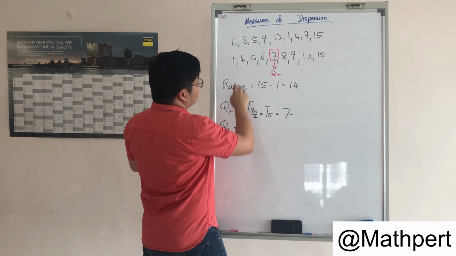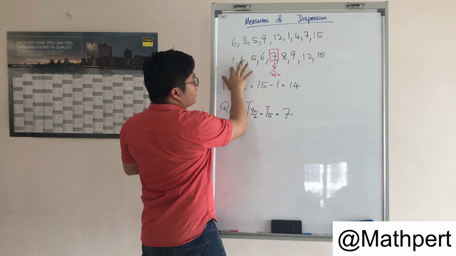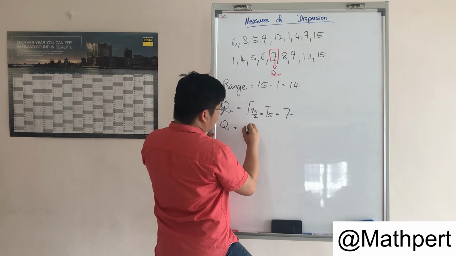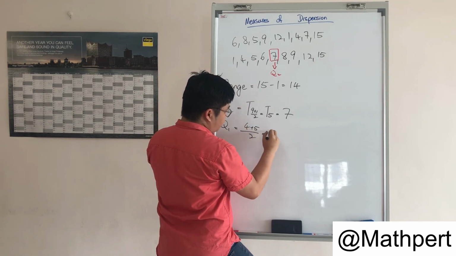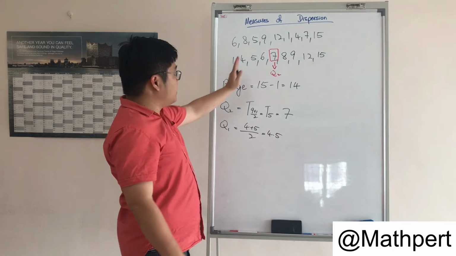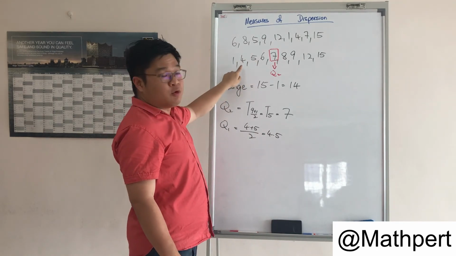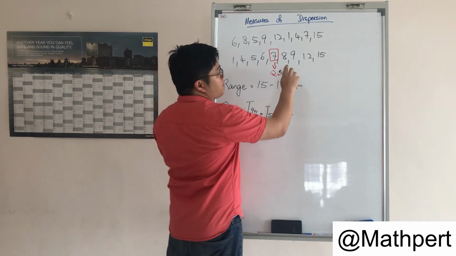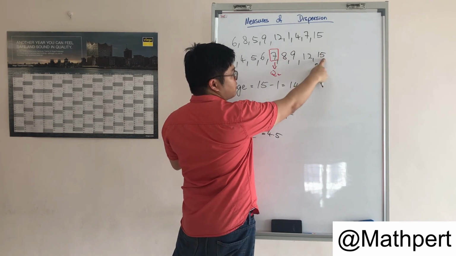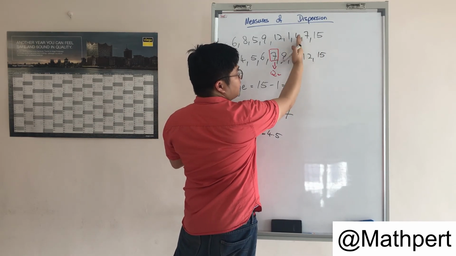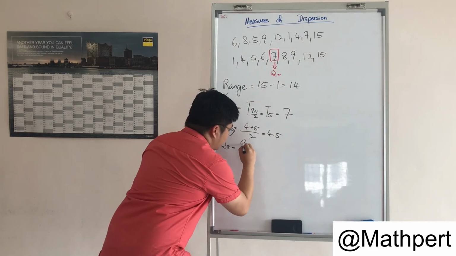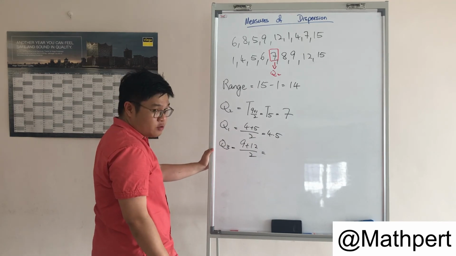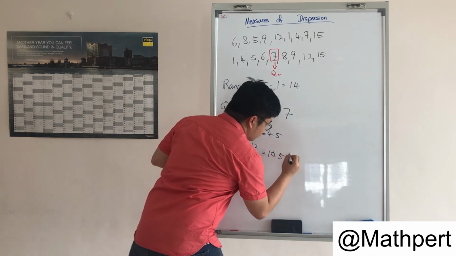Then let's look for Q1 and Q3. For Q1, we take the middle term of the lower half. 1, 2, 3, 4. The middle is 4 plus 5 divided by 2, which is 4.5. Alright? The middle here is in between 4 and 5. This is Q1. For Q3, we take the middle of the upper half, in between 8 and 15. So the middle will be in between 9 and 12. That is 9 plus 12 divided by 2. 9 plus 12 is 21, and 21 divided by 2 is 10.5.